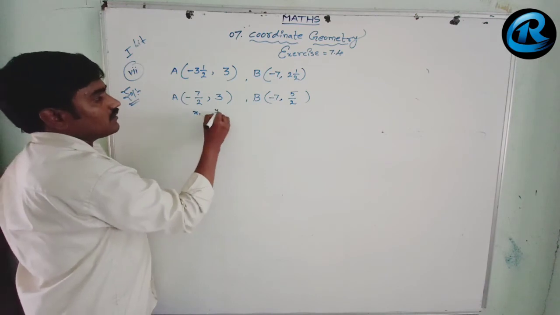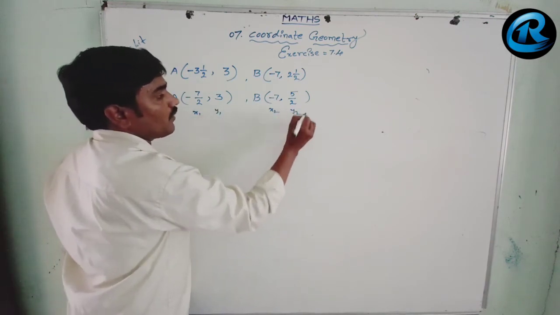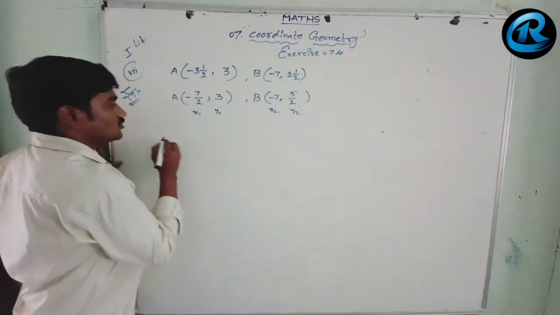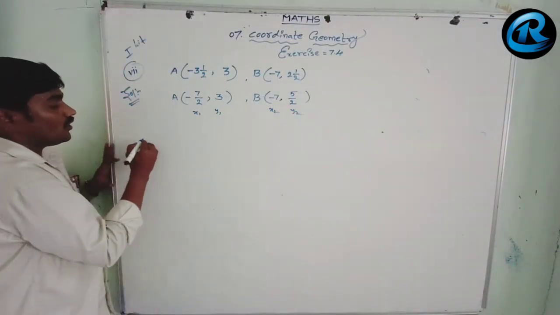Now here it is x1, y1, and x2, y2. Let us find out the slope of the line passing through these two given points.